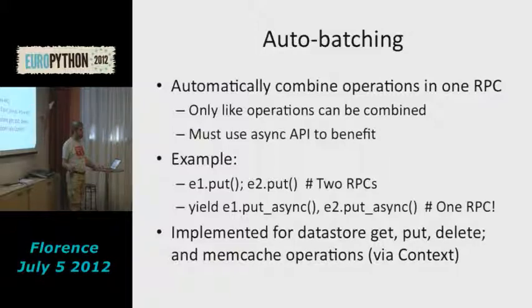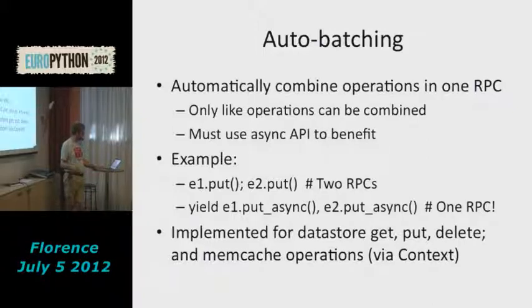I will now stop. Auto-batching is yet another cleverness where if you make multiple get calls or multiple put calls asynchronously, there's some layer in between that says, we'll just put those calls in a queue, and then once he's waiting for a result, we make a single get call that sends all the keys to the data store server at once, and it gets all the results back, and then we distribute all those results over the original callers.